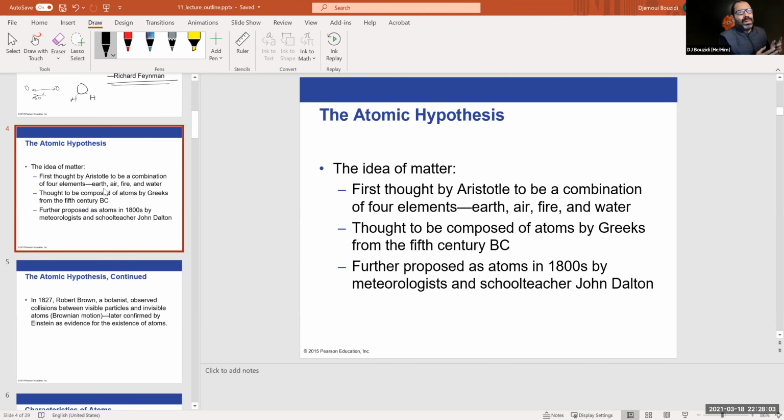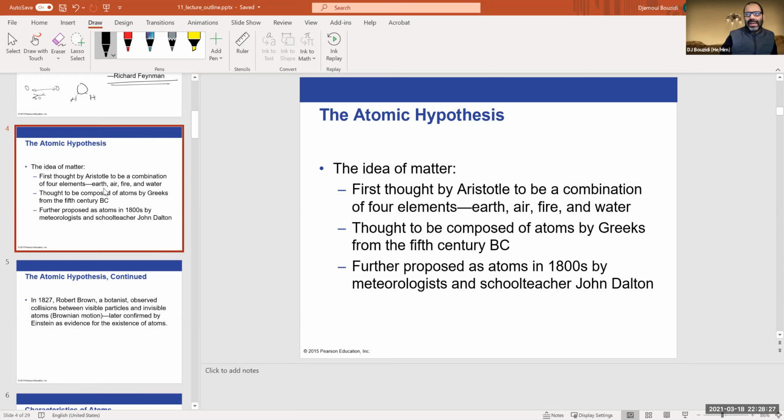So it's still popular in the current culture. And so they had the earth, air, fire, and water. That is how they thought the 4 elements were what everything is made up of, okay?